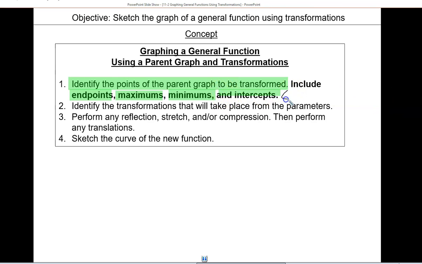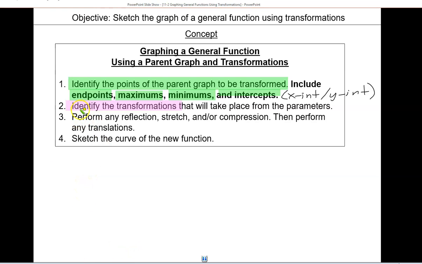Intercepts means like your x-intercept and your y-intercept. Those would be key points that you would want to identify the coordinates for and then transform them. So these points are the points that we're going to transform. We also want to identify, of course, the transformations that are going to take place. That's what we were doing yesterday.